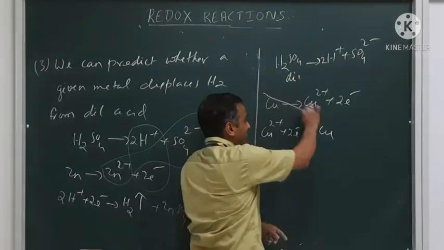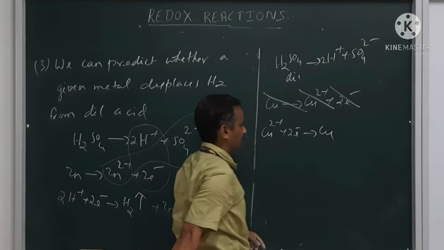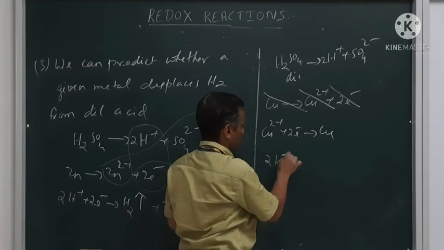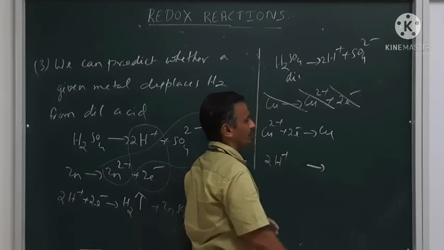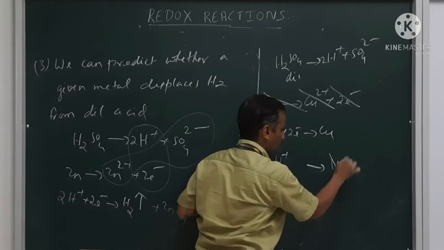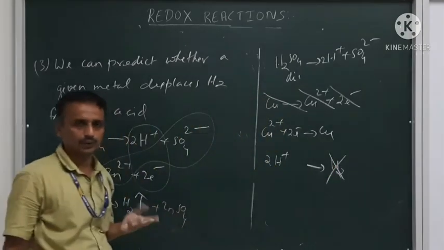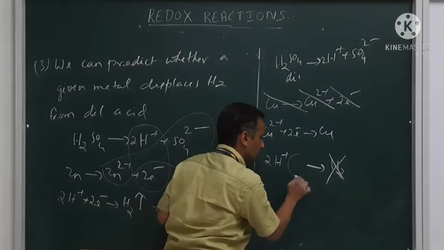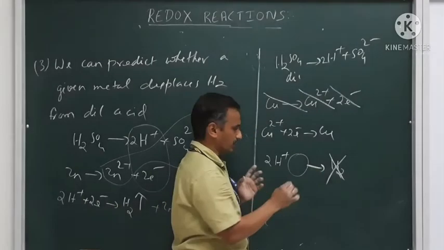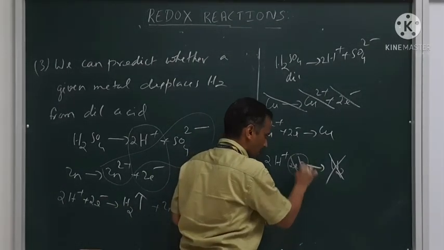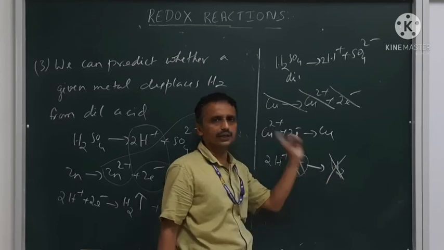So 2H plus will not get any electrons, and H2 will not be formed. Electrons are not there, so I cannot get H2.